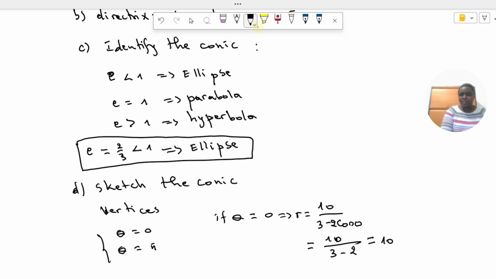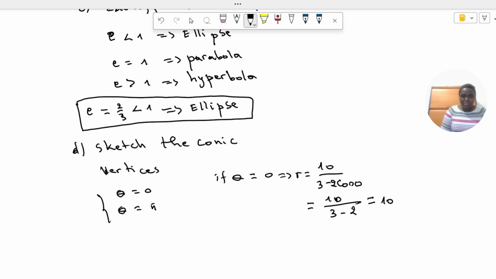So the first polar coordinate of the vertex is 10, 0. This is the polar coordinate, but how do we change this into Cartesian coordinates?